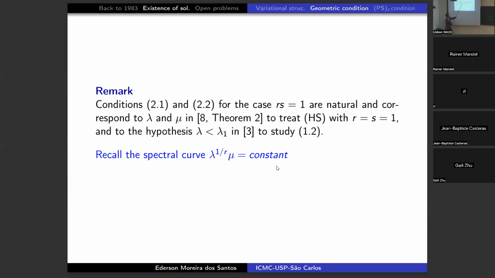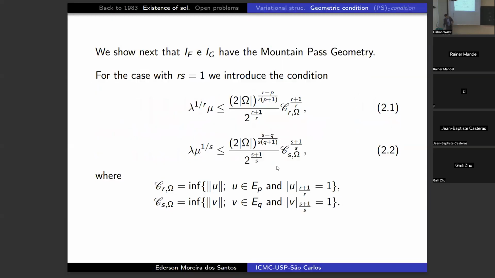This corresponds to the case lambda less than lambda 1 in the Brezis-Nirenberg problem, or in Mitidieri, Ulshoff, and van der Vorst, when r equals s equals 1, when they ask that lambda times mu is small.